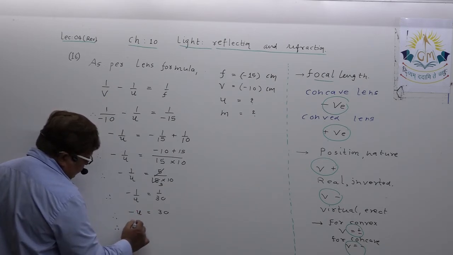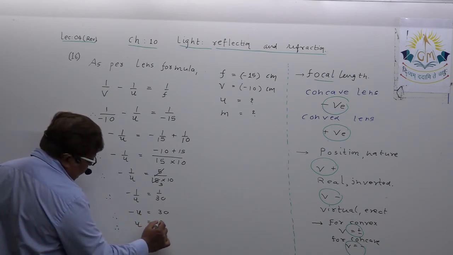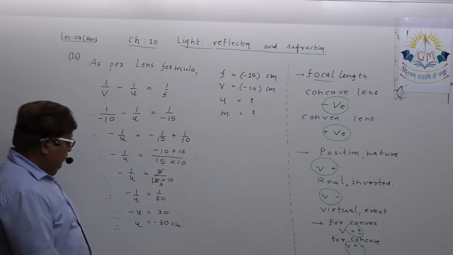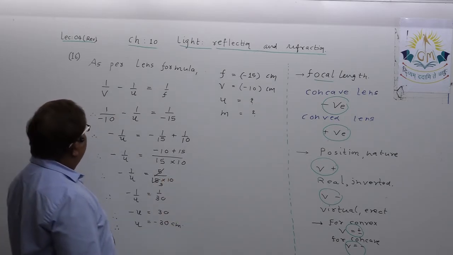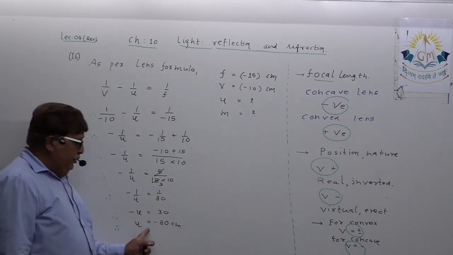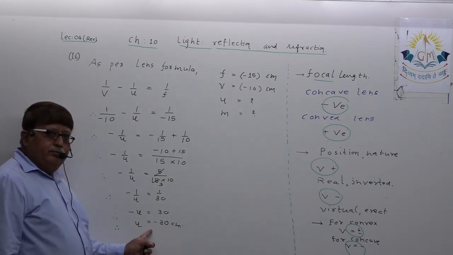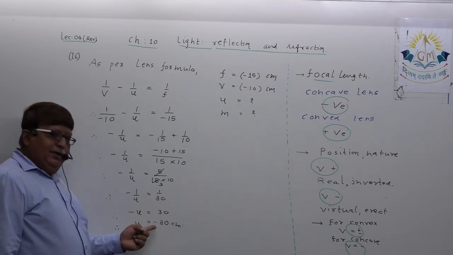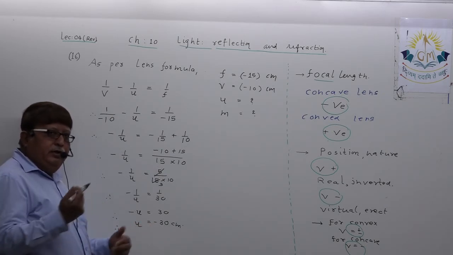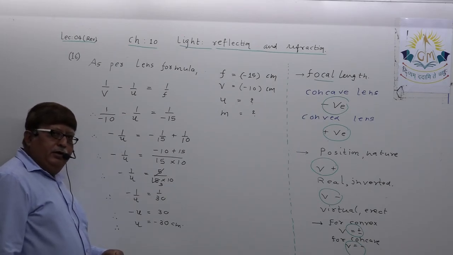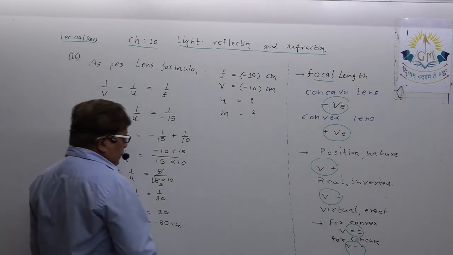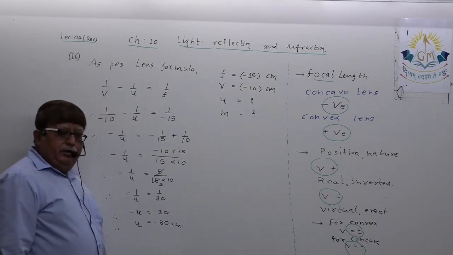Just make a transfer of the sign: minus 30 centimeter. So you already got one answer. What is that? That you need to keep the object at a distance of 30 centimeter, obviously in front of the lens, that you all know. Okay, so is it clear in your mind?